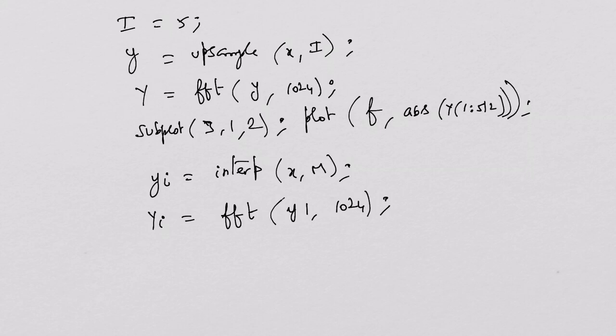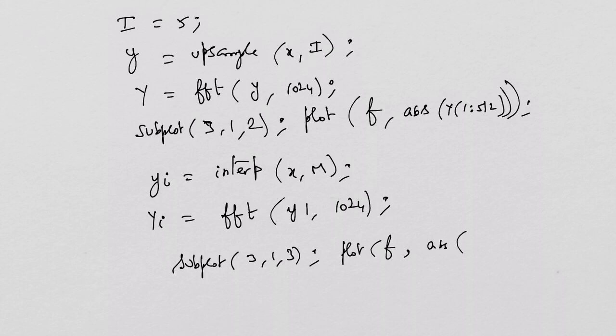So I can go for subplot of 3 comma 1 comma 3, and you can notice the plot will be of f comma modulus of yi of 1 colon 512.